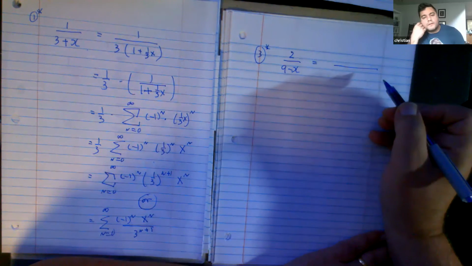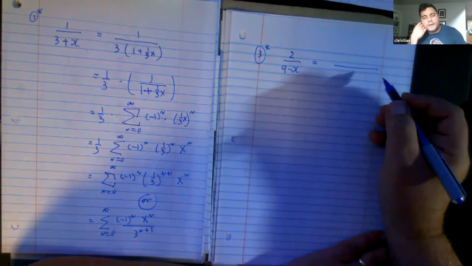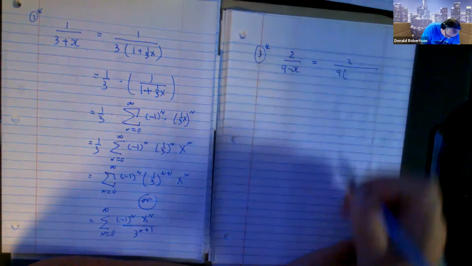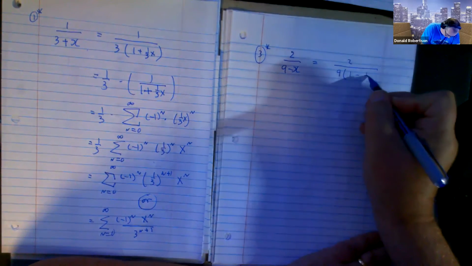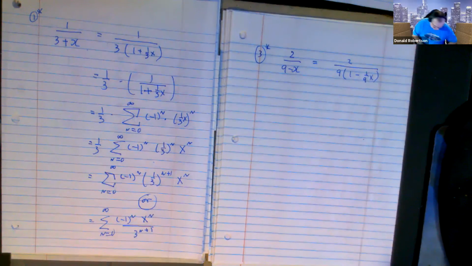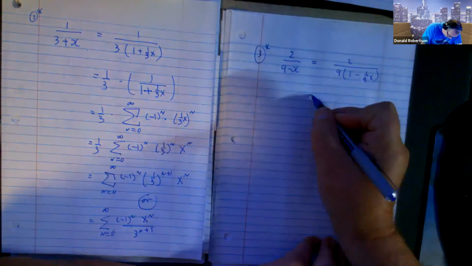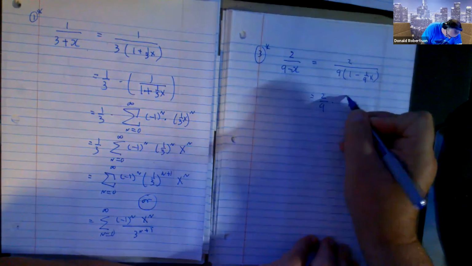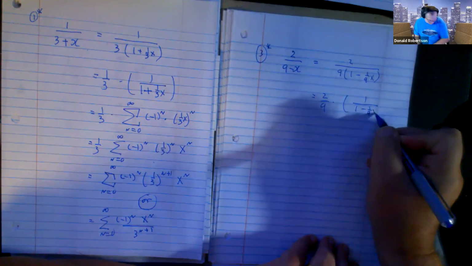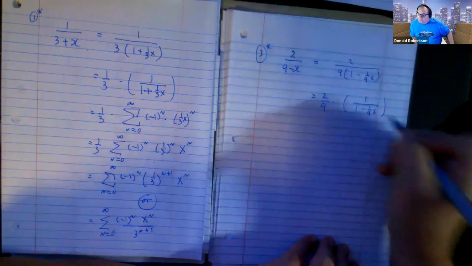We could take out the 2/9. Oh, you okay? I'll write it like that. Agreed. Like you said, 2/9. We cool on that?